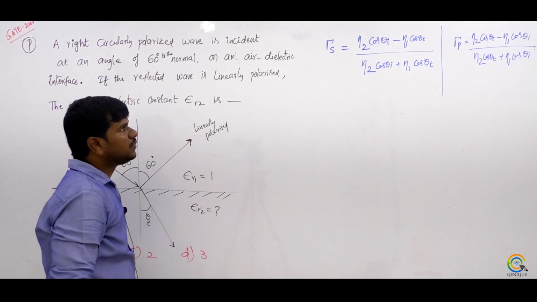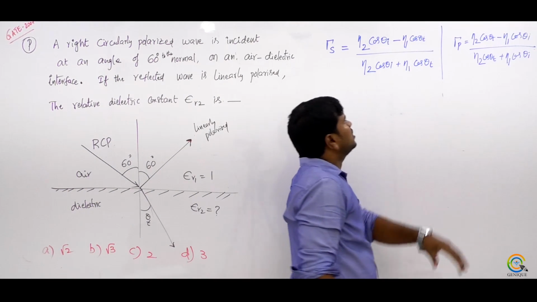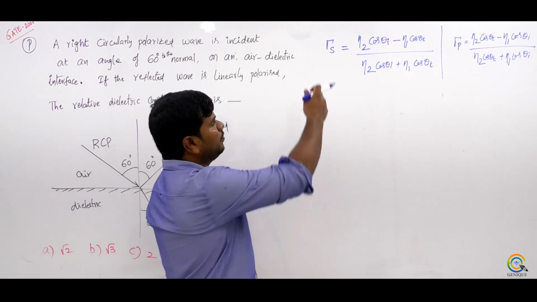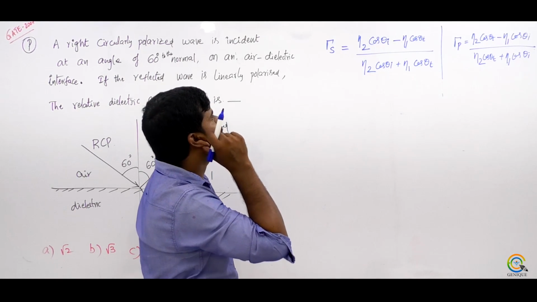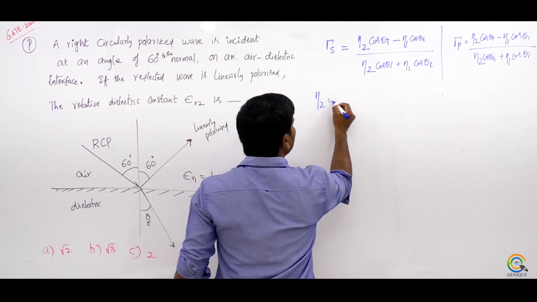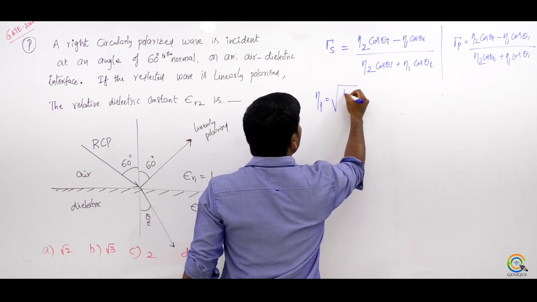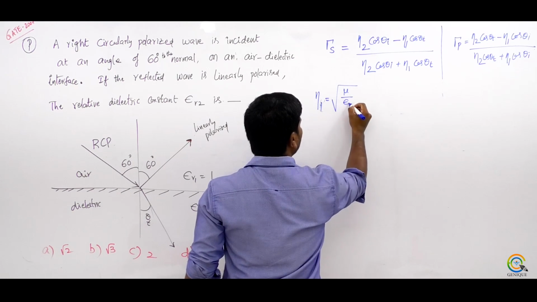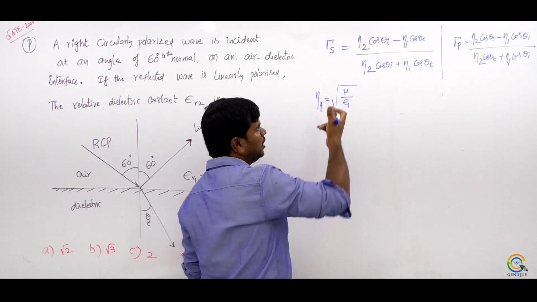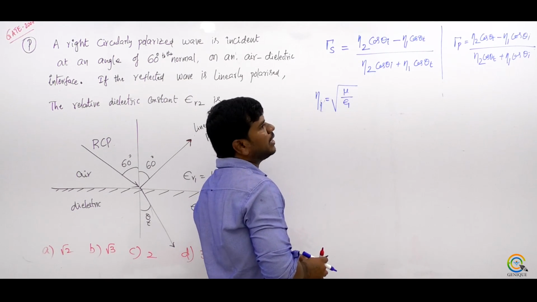Now you have to remember this. Suppose eta 1 is equal to root over mu by epsilon 1, because I am taking the same mu here, since it is a non-magnetic material.